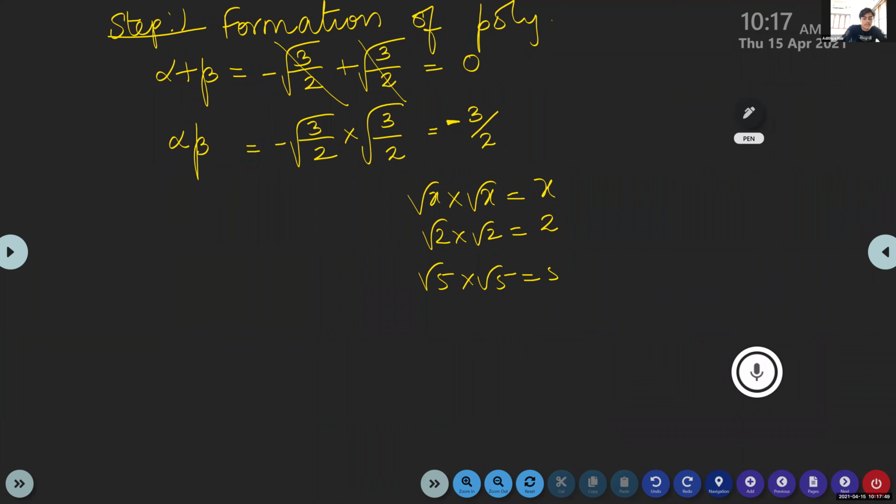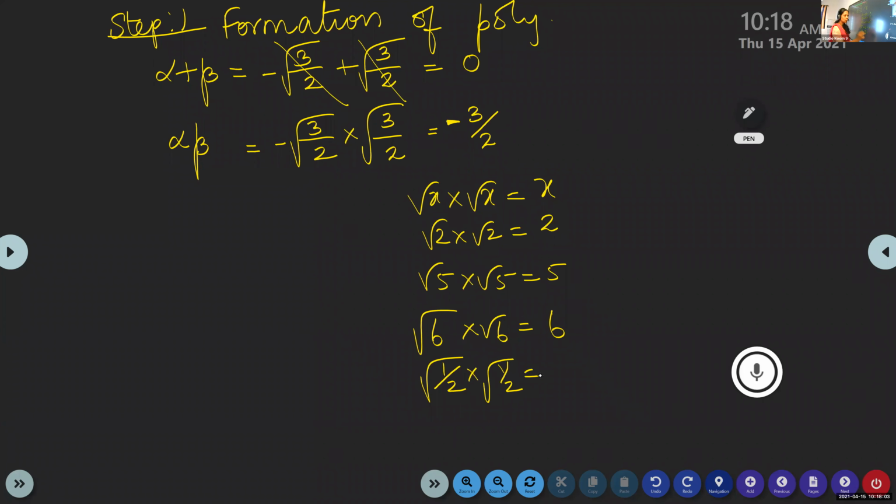What is root 6 into root 6? It is 6. Same way, what is root of 1 by 2 into root of 1 by 2? 1 by 2.